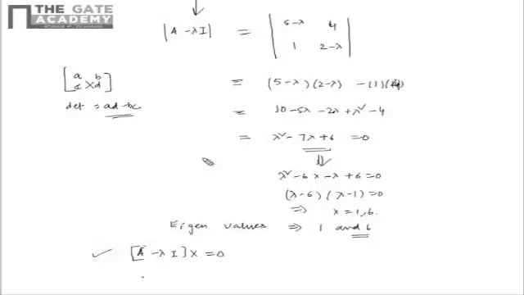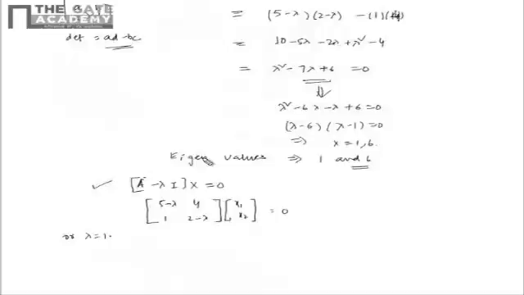So this becomes the matrix [5 minus lambda, 4; 1, 2 minus lambda] times x, and let the elements of x be x1 and x2, equal to 0. Okay, so this is the general equation. Now for lambda is equal to 1, let's substitute it. What will I get? I'll get [4, 4; 1, 1] times [x1, x2] is equal to 0.